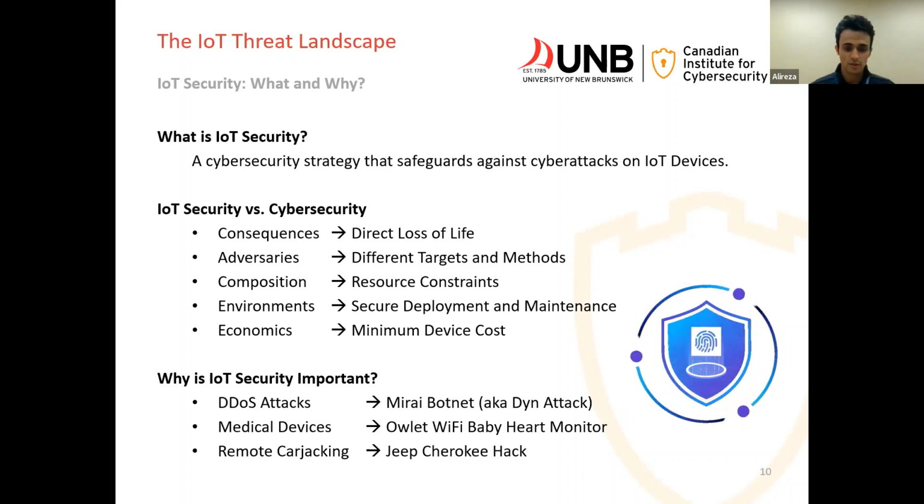Those devices were hacked. And for the last example, if you search Jeep Cherokee hack, you will see that they have done remote carjacking, and they can control a smart car connected to the internet remotely, which is really frightening.